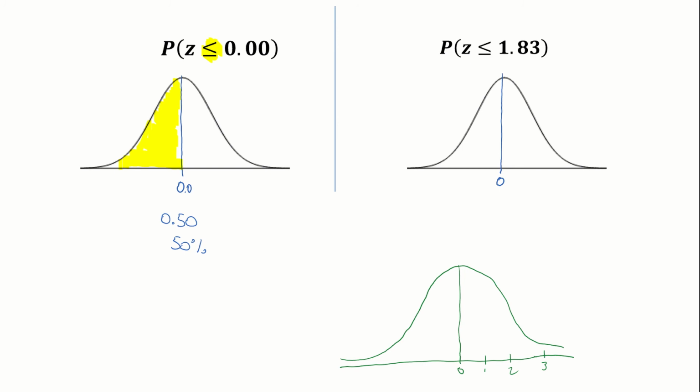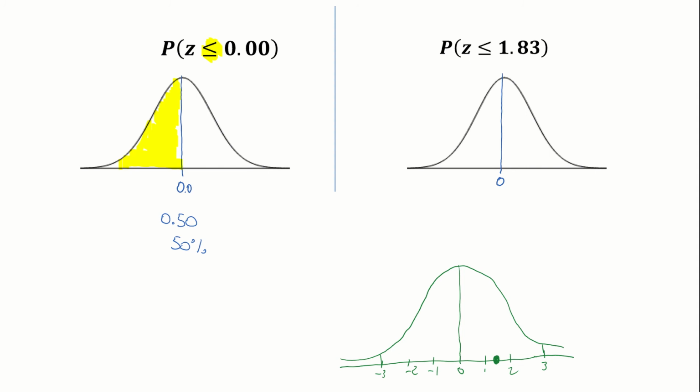And we go back 1 deviation, back 2 deviations, back 3 deviations. Now that region there, between those two figures, accounts for 99.7% of the graph.